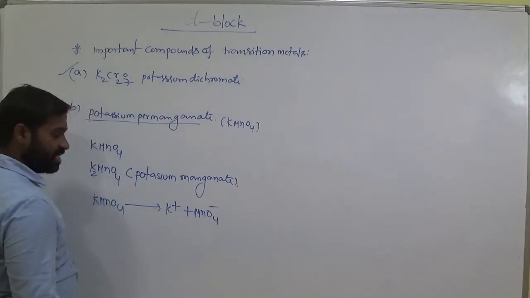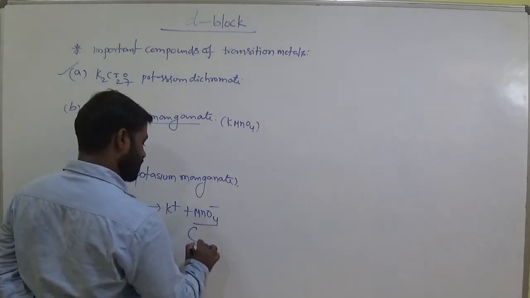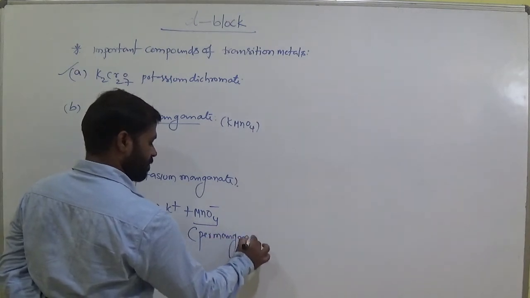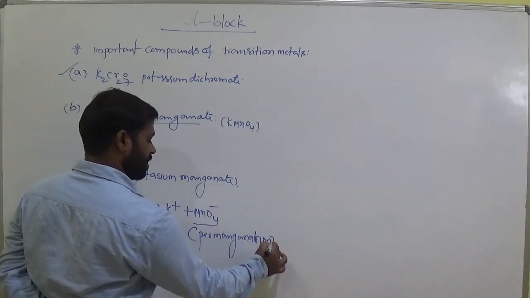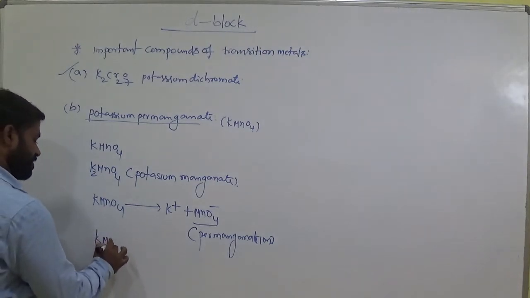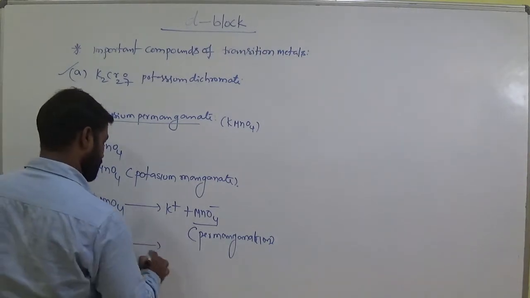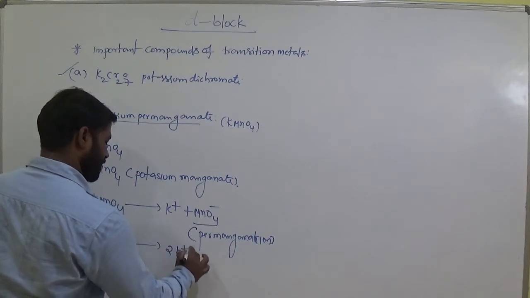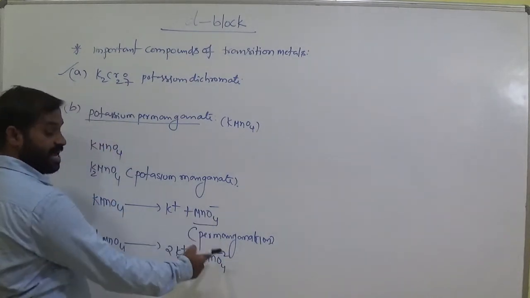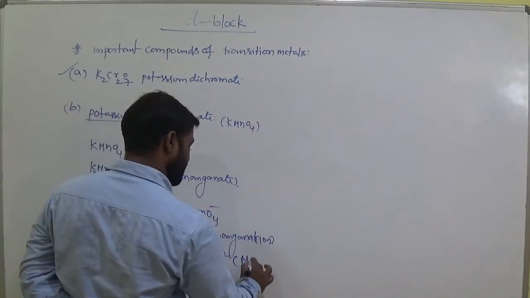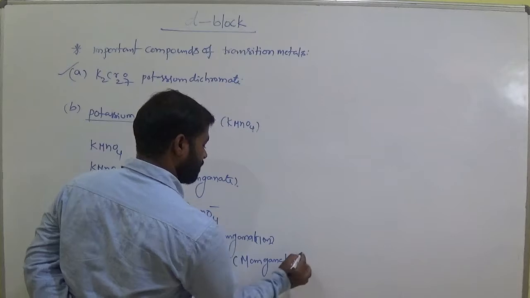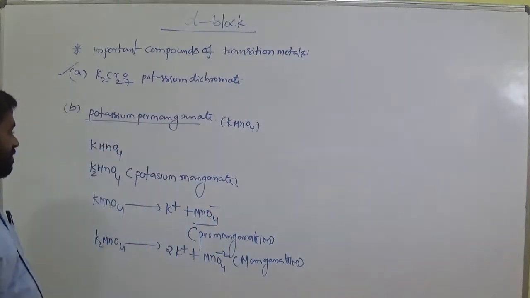This MnO4- is called the permanganate ion. What about K2MnO4? This gives 2K+ and MnO4 2-. This one is the manganate ion.